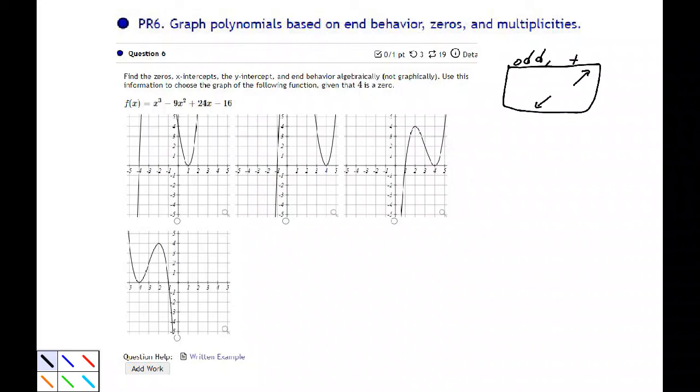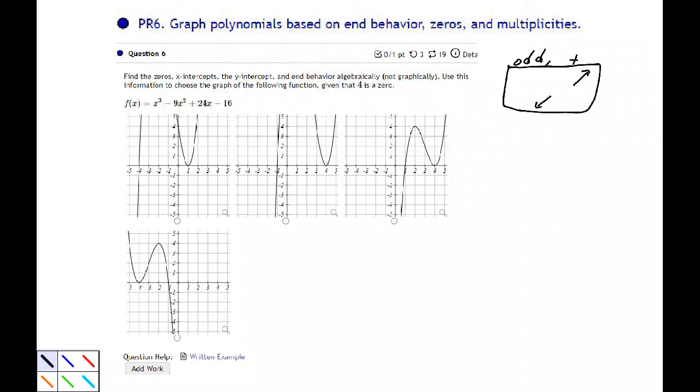Now next we can take that function x cubed minus 9x squared plus 24x minus 16 and try to find the x-intercepts and the y-intercept. So for the x-intercepts, I'll set that equal to 0. It'd be great if that factored, but I'm not sure that it's going to. No, not great.